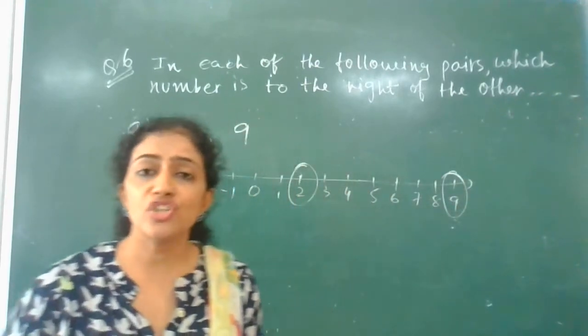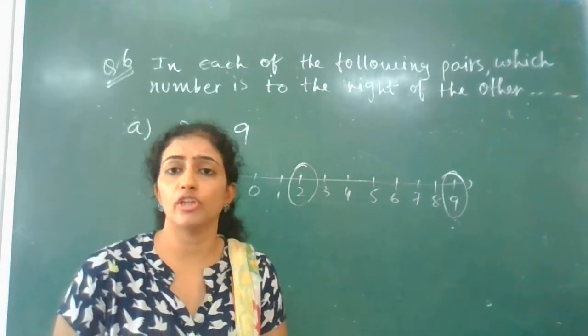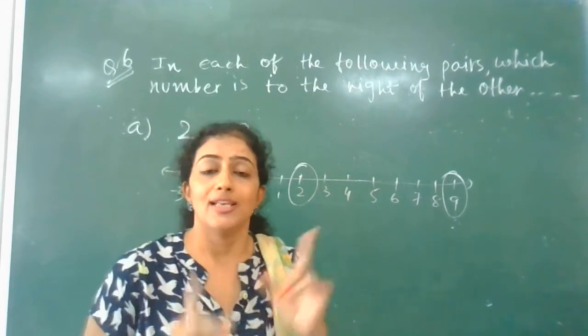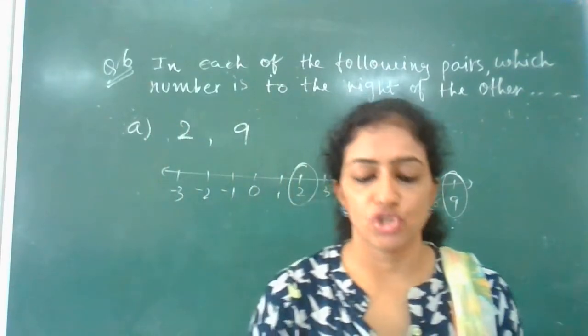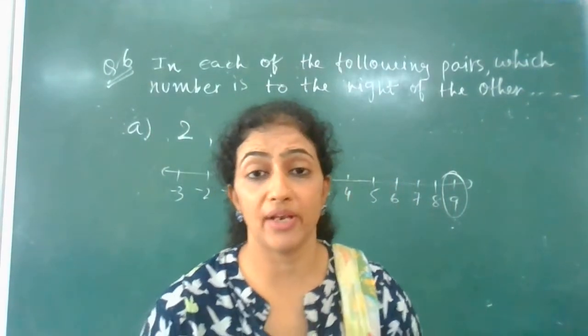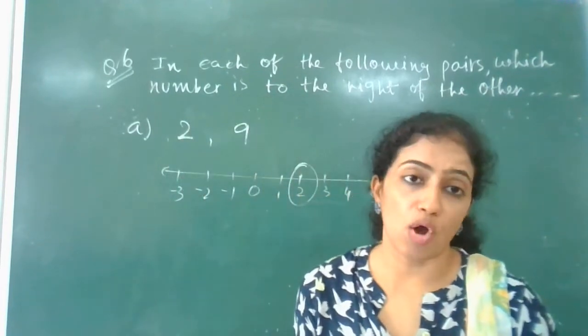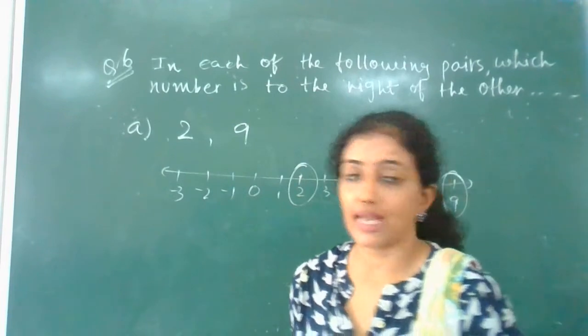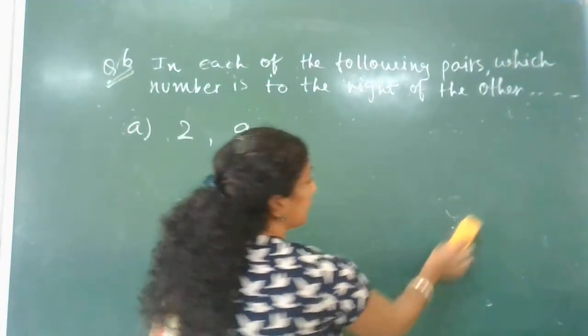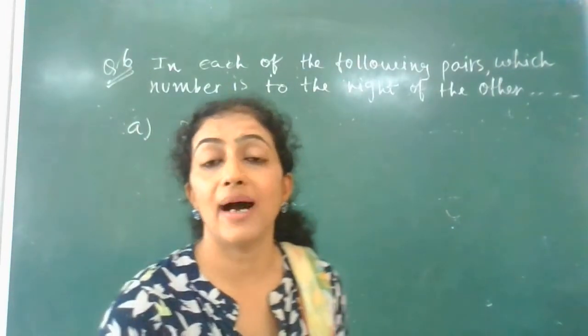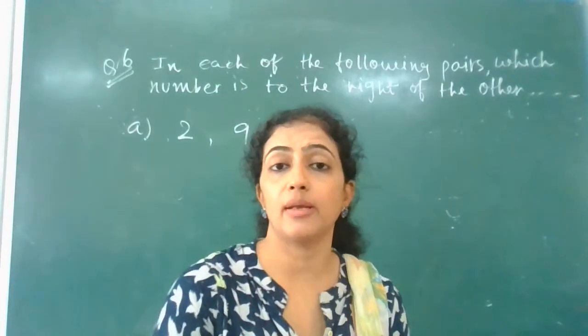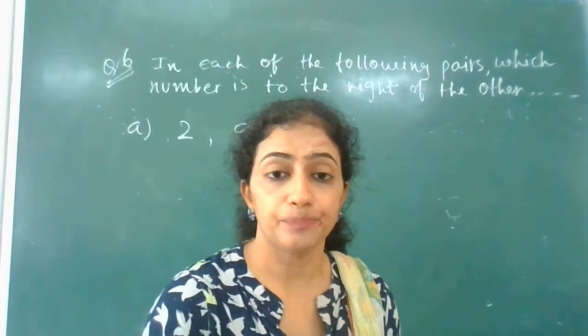So each and every time you don't have to draw the number line. Just see which is bigger and which is smaller. Whichever is bigger will be on the right side, whichever is smaller is on the left side. But here we just have to write about the right side.